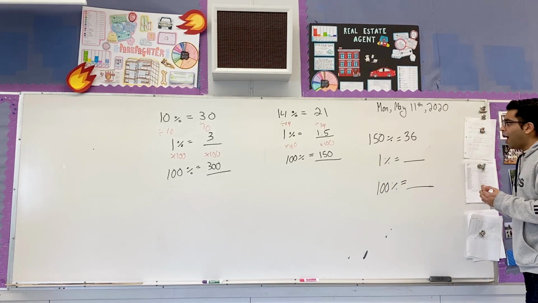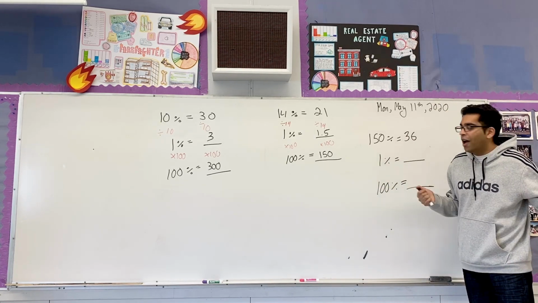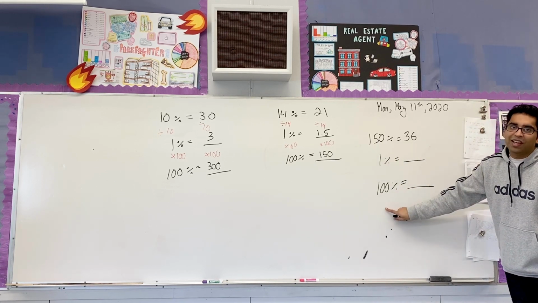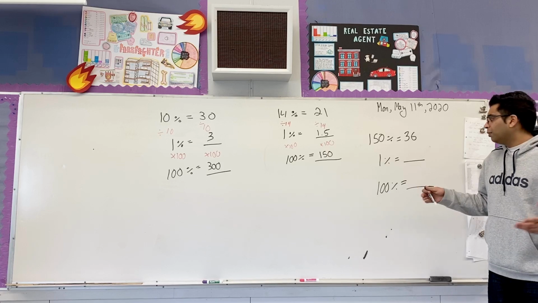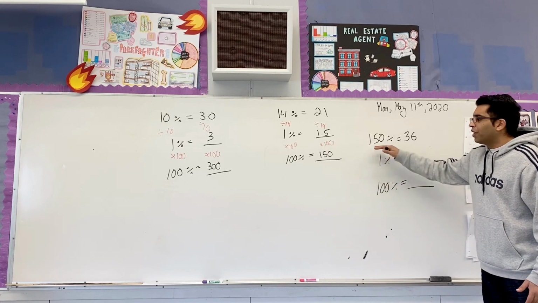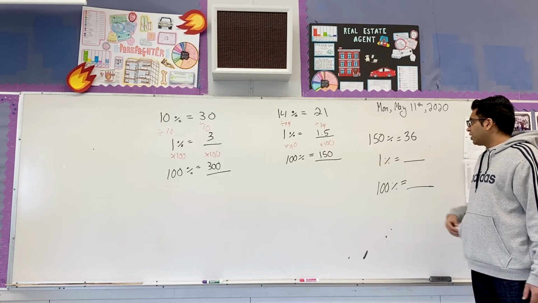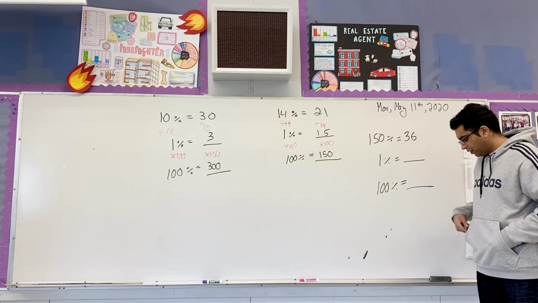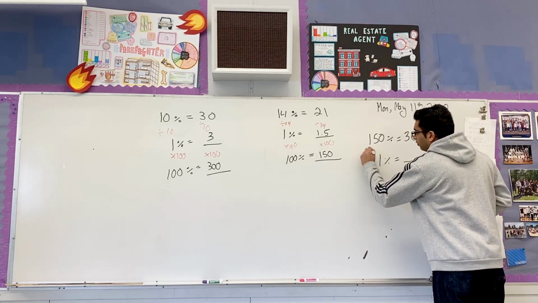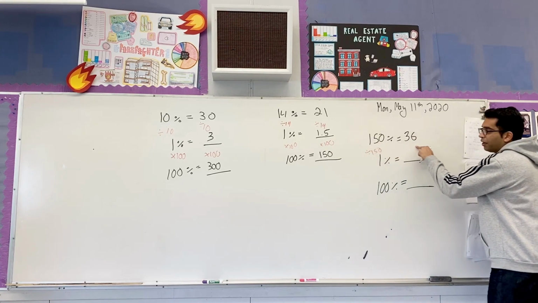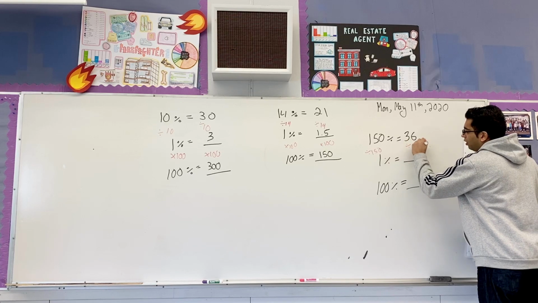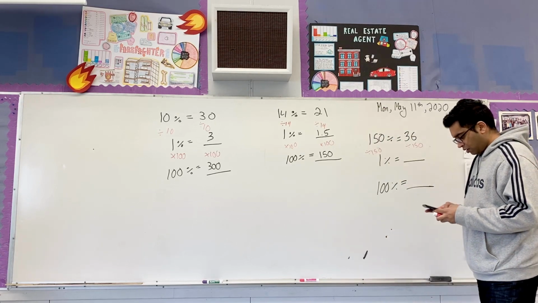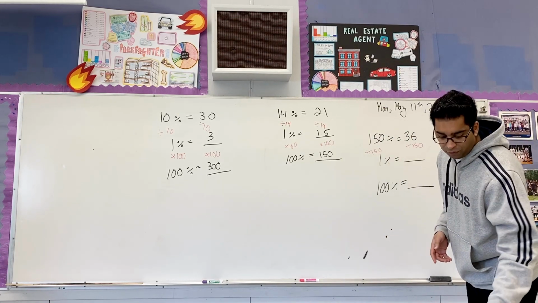Last one over here: what if 150%, whoa, we're over 100 now. If 150% is 36, what is 100% going to be? Obviously, it's going to be lower because 100 is lower than 150. First find your 1%, which we get by dividing by 150. 36 divided by 150 is 0.24.